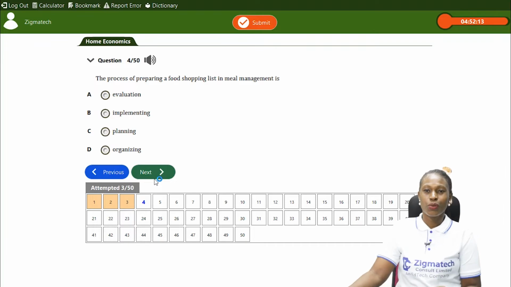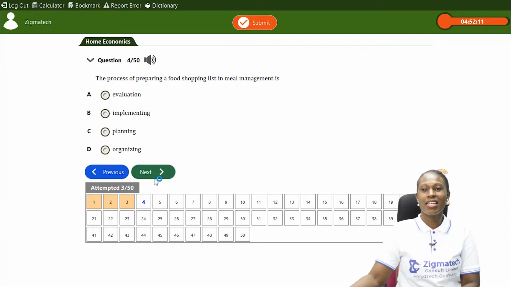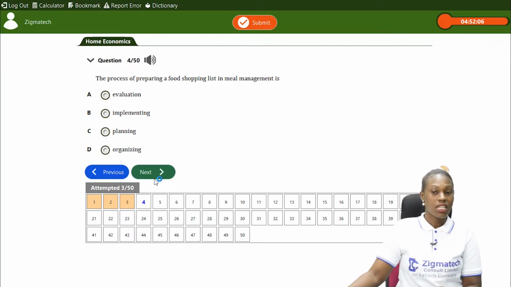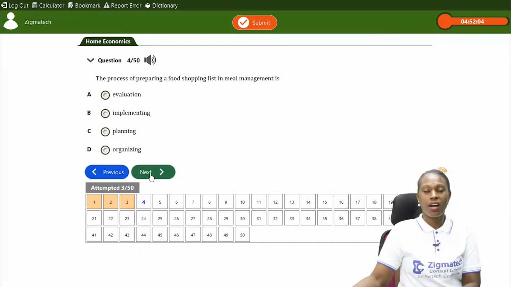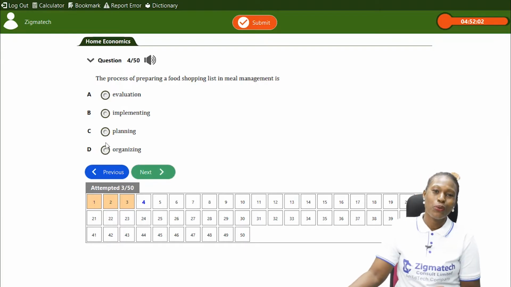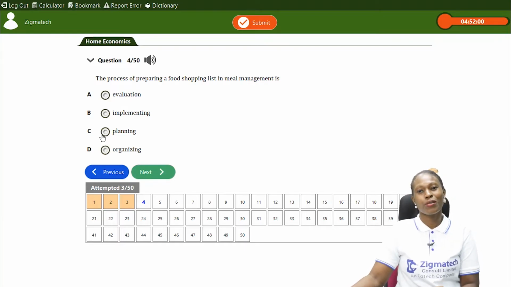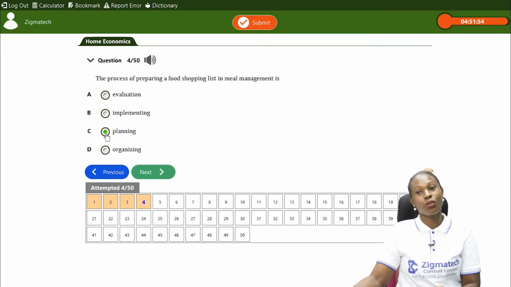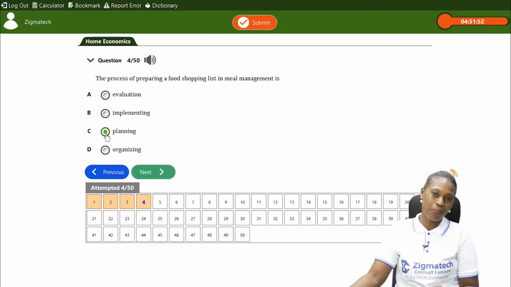Now let's look at this one as well. The process of preparing a food shopping list in meal management is, we have several options here, and we're going to go with planning. Planning is very important. Planning is the right answer for this question. Before you go doing your food shopping list, you must have a plan.